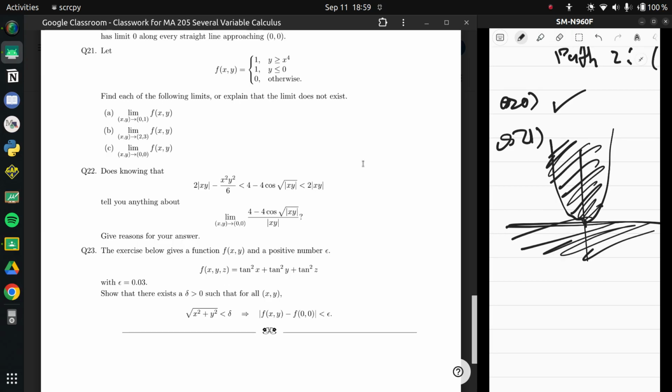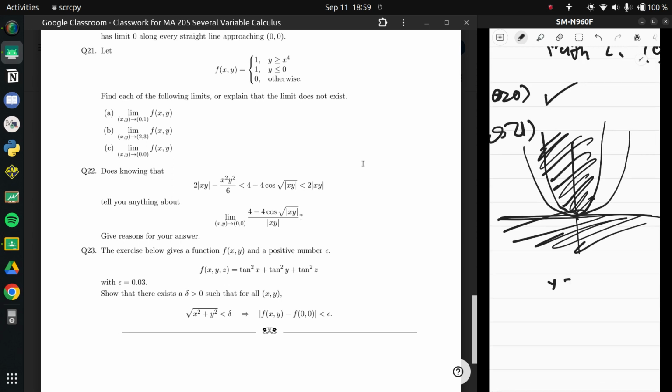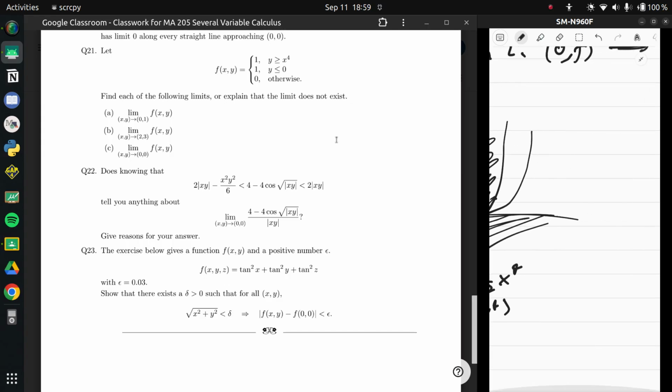Sure. So we want to show that at 0, 0 the limit does not exist, which is true. Consider this path. Just consider like y equal to half x power 4, right? So walking along that path, it's something like x comma half x power 4. Or if we want to be more specific, it's like t comma half t power 4.